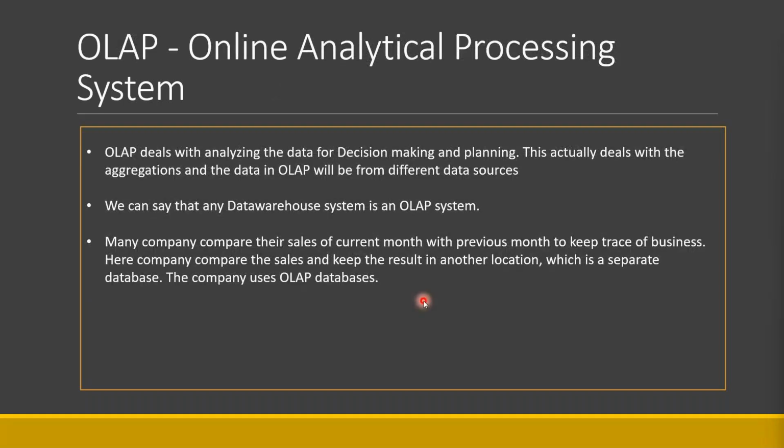In OLAP, or online analytical processing system, it usually deals with data for making decisions and planning. This deals with aggregations, and the data in OLAP will be from different sources. It will not rely on one single source. It will be from multiple sources. We can say that any data warehouse system is an OLAP system.